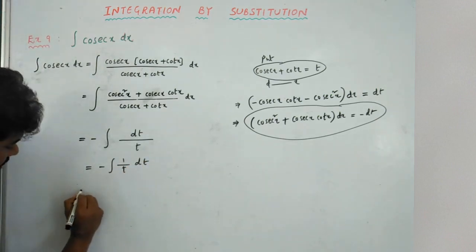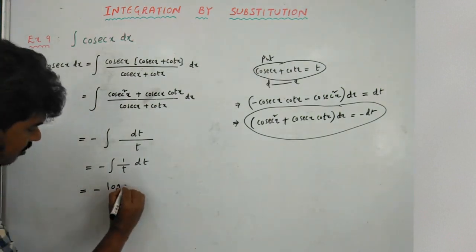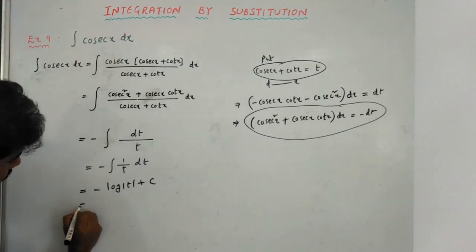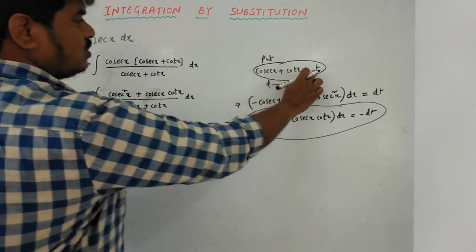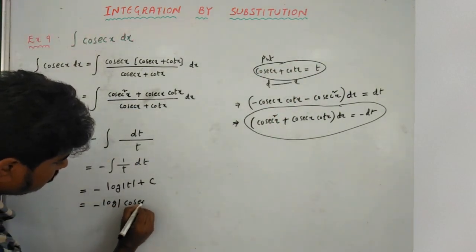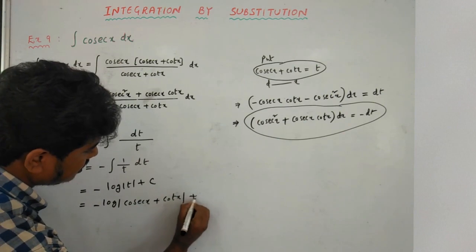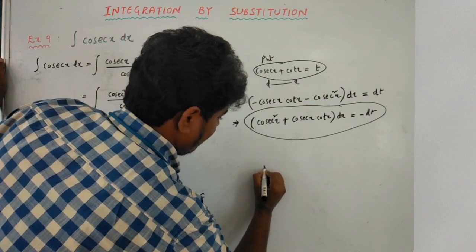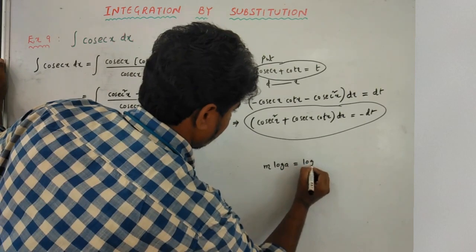Now this is equal to minus log mod t plus c, which is minus log of cosecant x plus cot x, plus c. Already I said that m log a is equal to log a to the power of m.